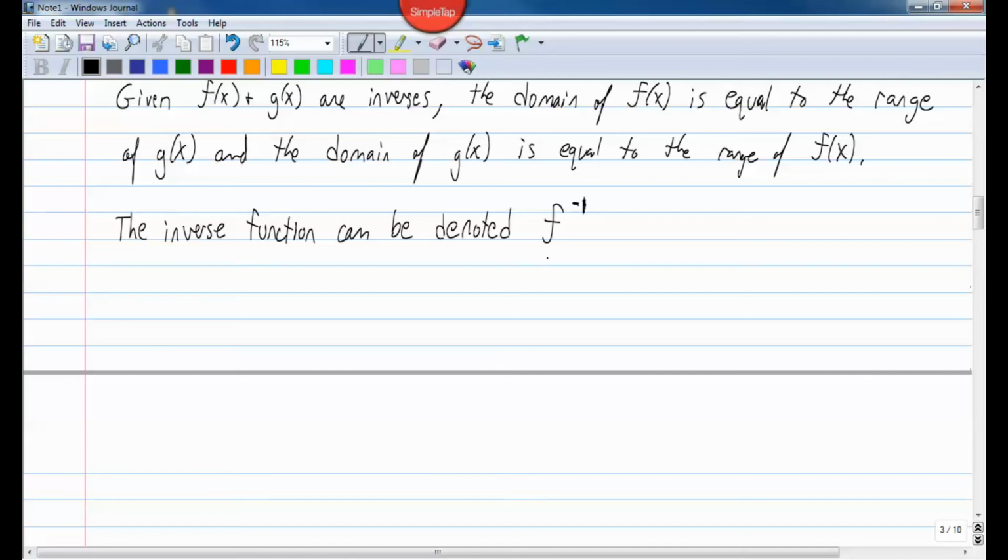Okay, and this right here is read F inverse.